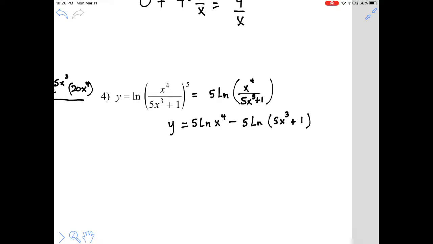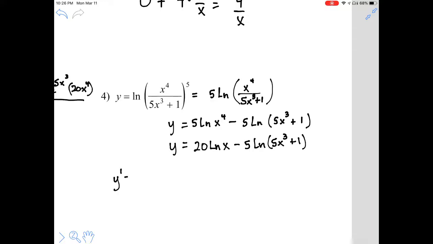So still haven't taken any derivative yet, just expanding a logarithm. And then I'm going to go ahead and bring that power down in front and multiply with that 5. So we have 20 natural log of x minus 5 times the natural log 5x to the 3rd plus 1. So I've expanded that natural logarithm expression as far as it'll go.